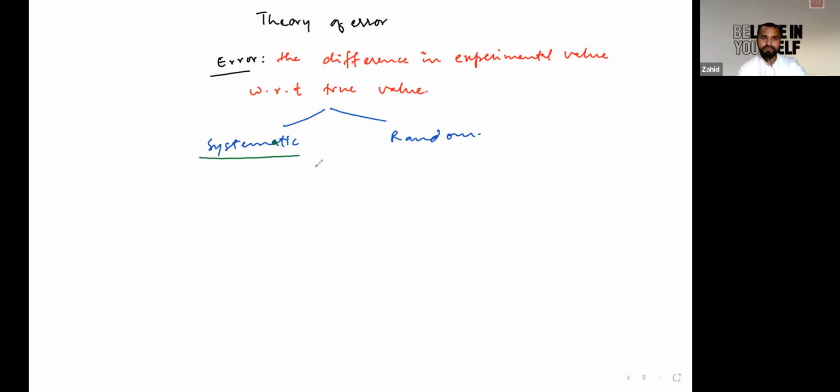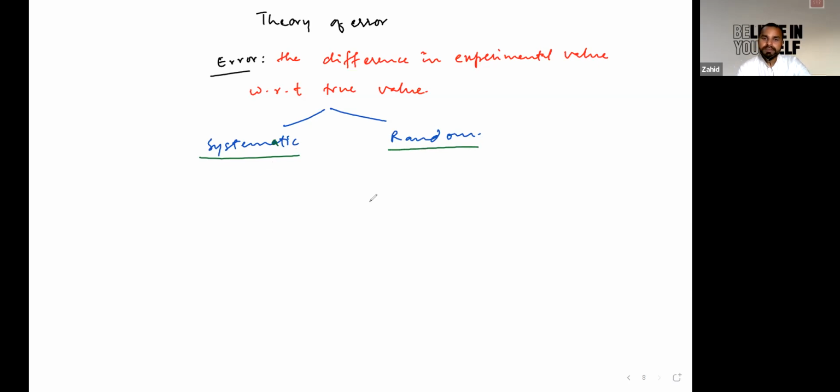Let's say if you measure a particular object in winter, it will give you some different result, and in summer it will give you some different result. So those error which is based on surrounding factor is termed as systematic error.